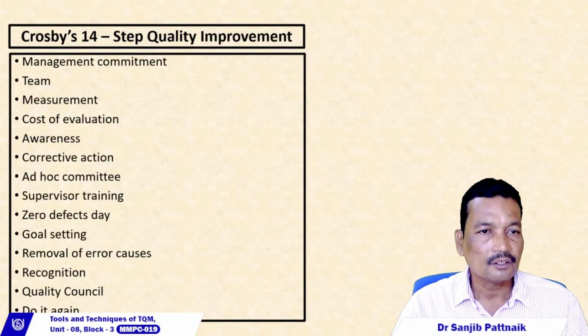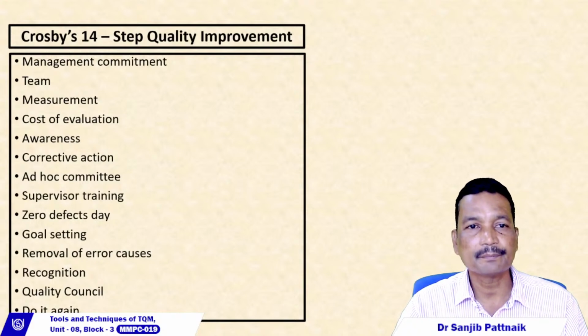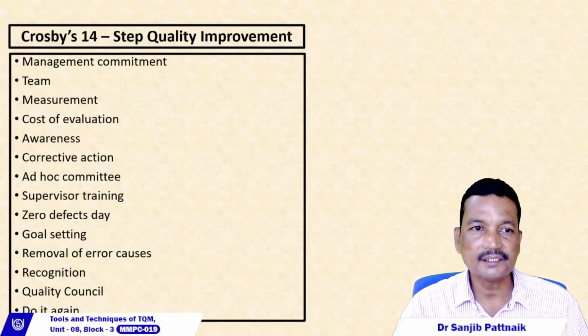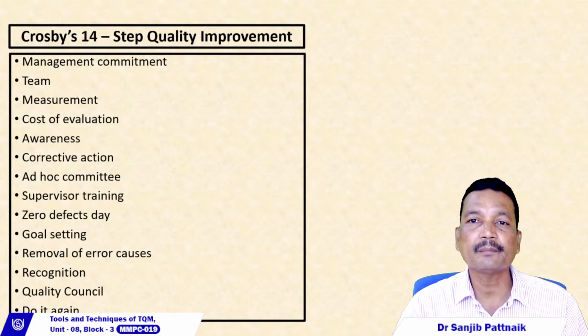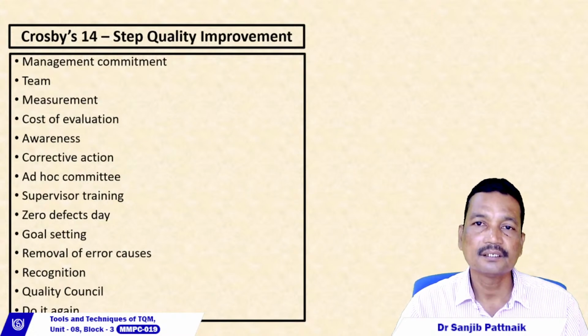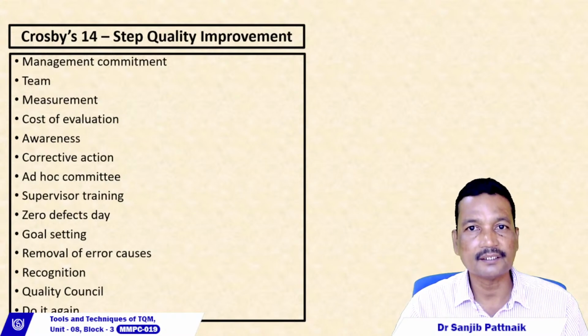Now, Crosby has given a 14-step quality improvement procedure. What are his 14 steps? First, the management should be committed towards the adoption of total quality management in the organization.